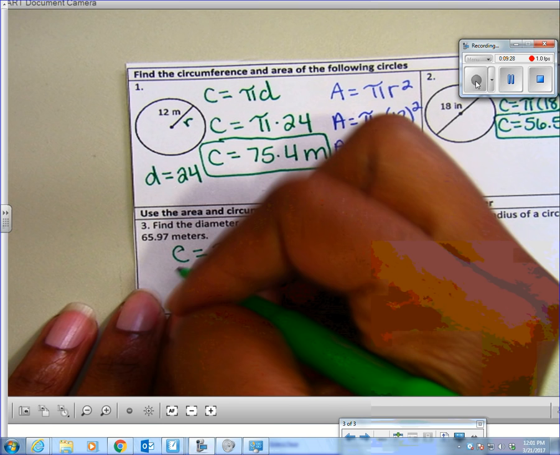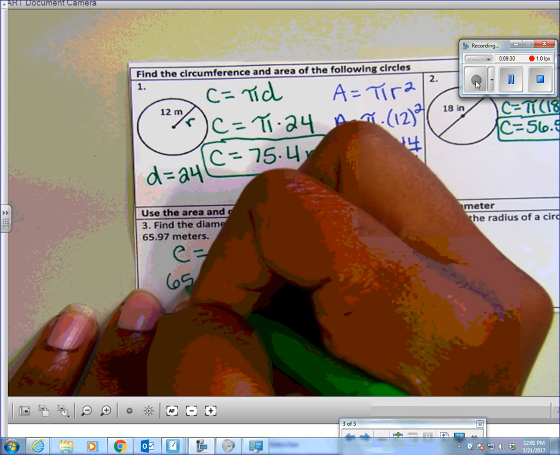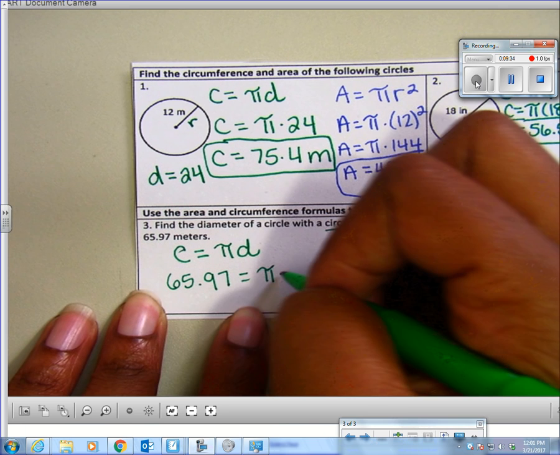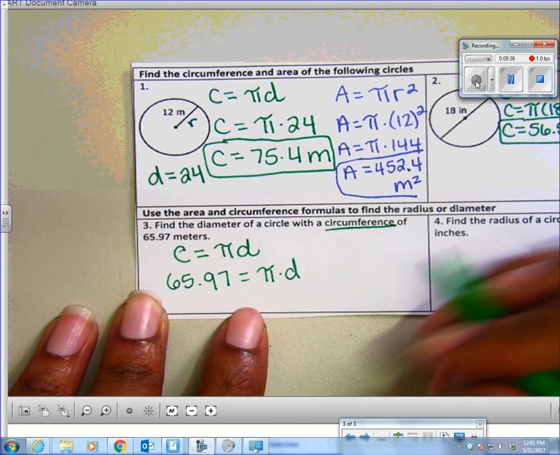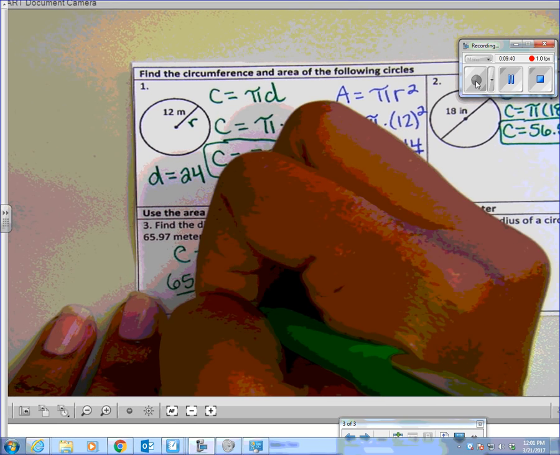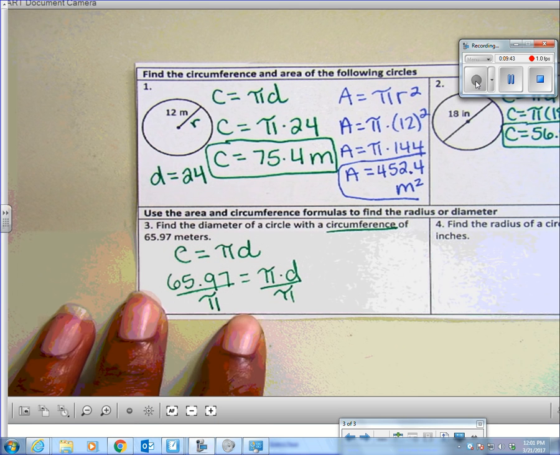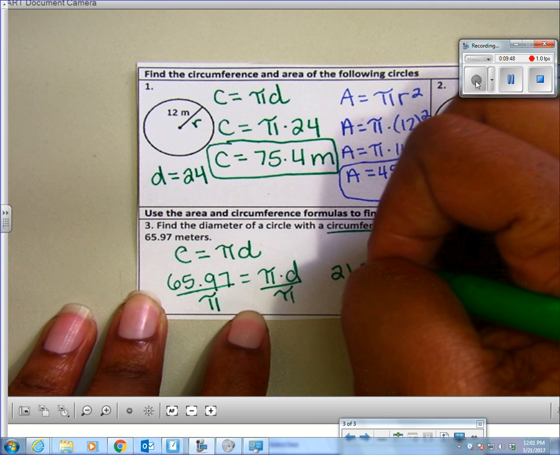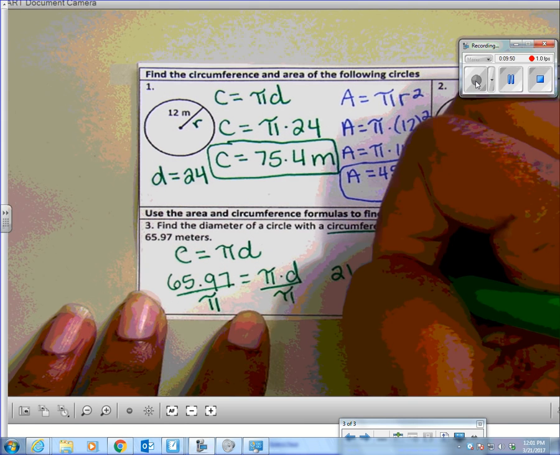So now we're going to plug in the circumference, 65.97 equals pi times d. And because pi is a number, we're just going to divide by pi. And so when we do 65.97 divided by pi, we get roughly 21 meters is equal to the diameter.